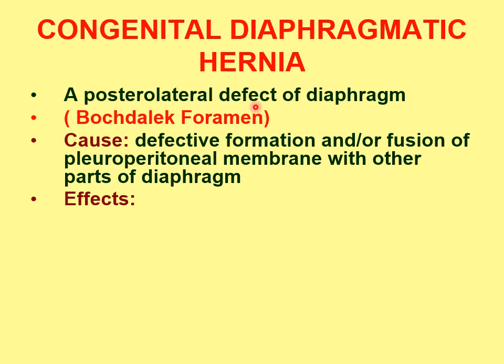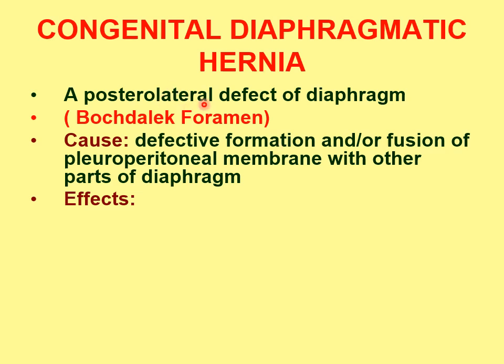This is because of defective fusion of the pleuroperitoneal membrane with the septum transversum and the dorsal mesentery of the esophagus. Actually this is because of the incomplete fusion of the pleuroperitoneal membrane with the rest of the structures, leaving a big defect in its posterolateral aspect.